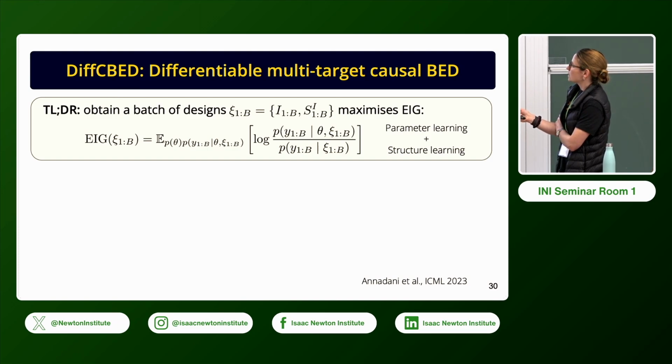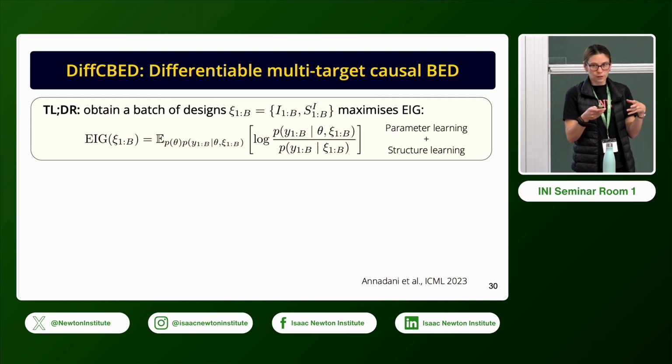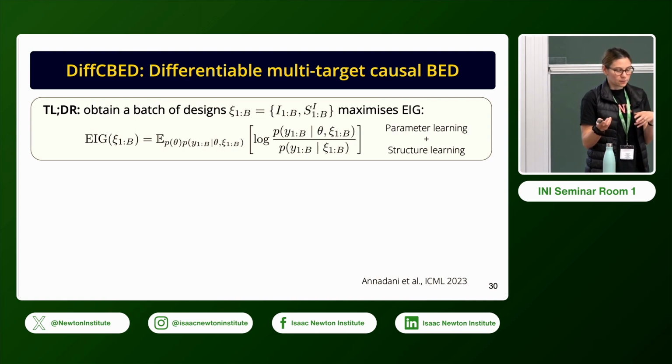As I said, thetas here are parameters and graphs, and we're simply estimating and maximizing the expected information gain in this predictive form, right? So the log density ratio between our outcomes, given parameters, graph, and designs divided by the marginal distribution of these things. So we are performing parameter learning together with structural learning.